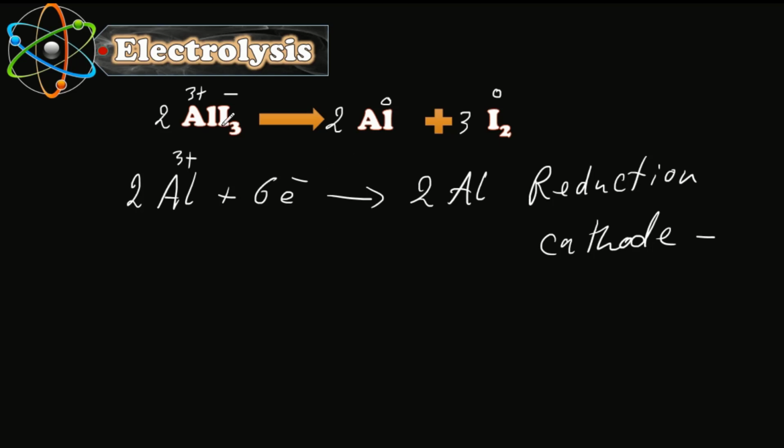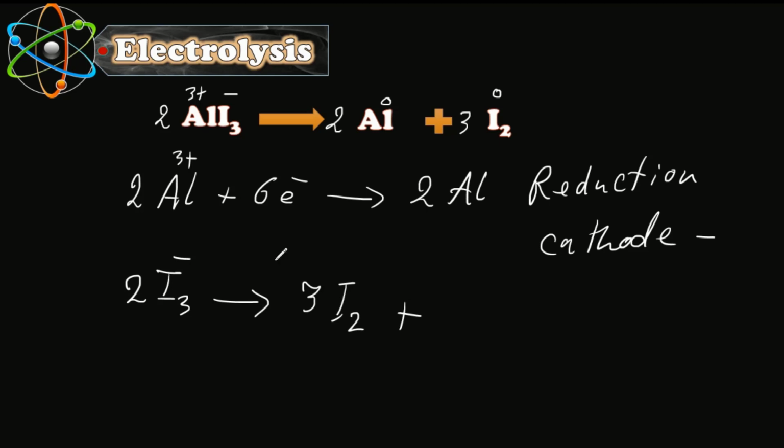Now let's look at iodine here. Iodine, we have 2 I3. Now this iodine is going to lose. How many is it going to lose? Or say it will give us 3 I2. Now it will lose how many electrons?